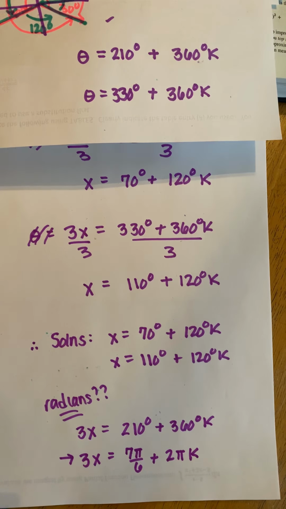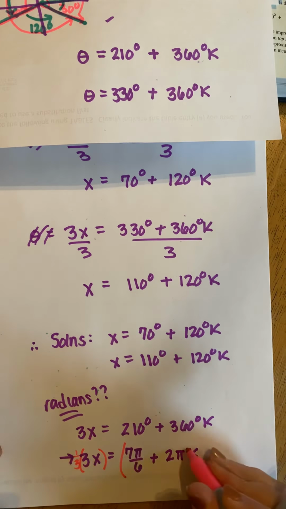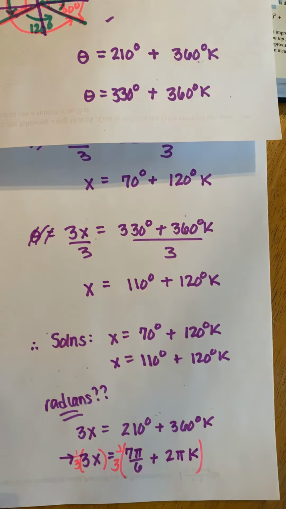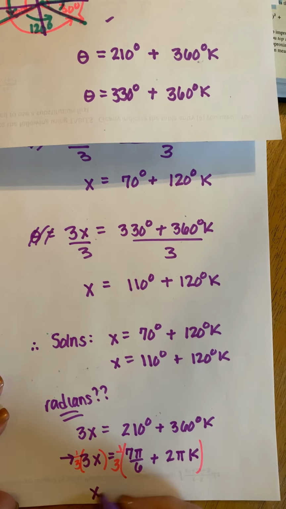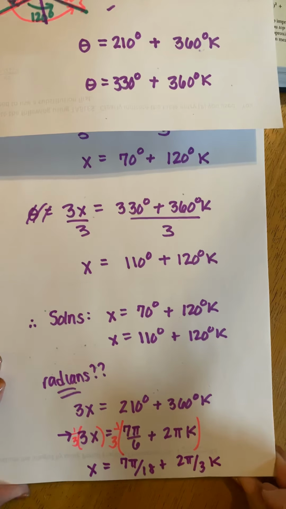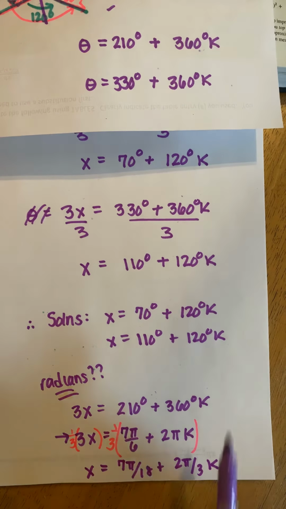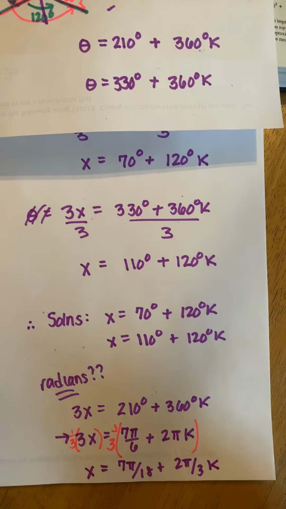Now we're going to divide both sides by 3, but remembering dividing by 3 is the same thing as multiplying by 1/3. So I'm going to multiply each side by 1/3. And I'm going to get x is equal to 7 pi over 18 plus 2 pi over 3 k. So 7 pi over 18 is equivalent to 70 degrees, and 2 pi over 3 is equivalent to 120 degrees.